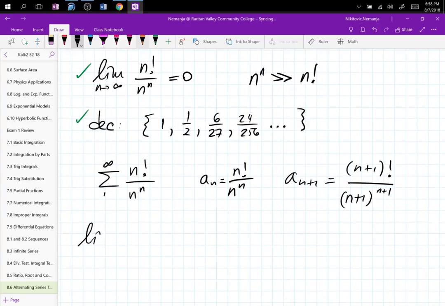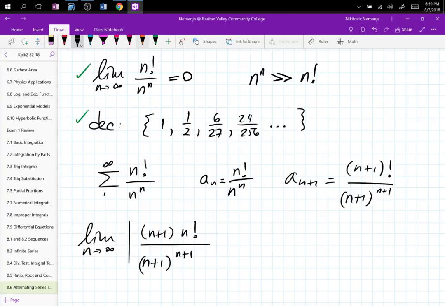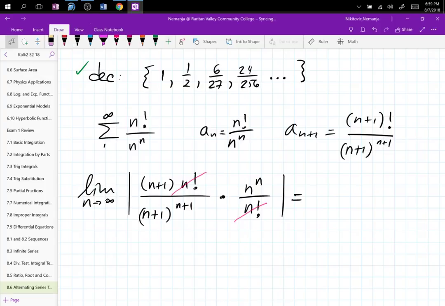So now, limit n goes to infinity of, we peel off n plus 1, and we are left with the n factorial divided by n plus 1 raised to the n plus 1 times, over here we have n to the n divided by n factorial. And now these guys cancel. And last time we said that one of the ways to solve this is to cancel one of these guys.